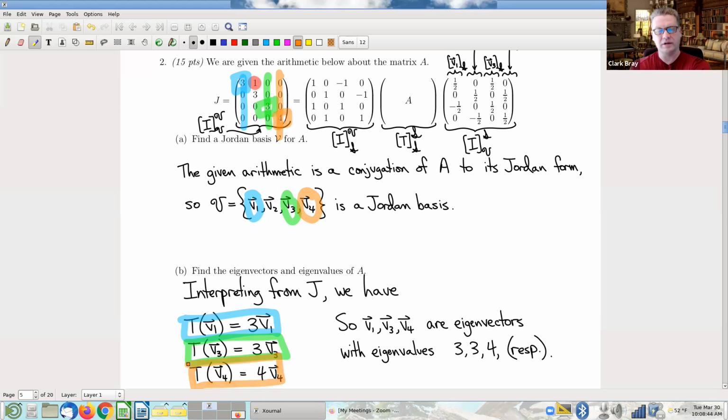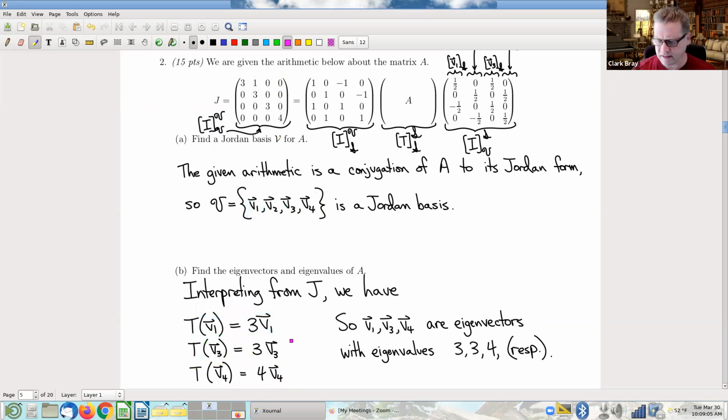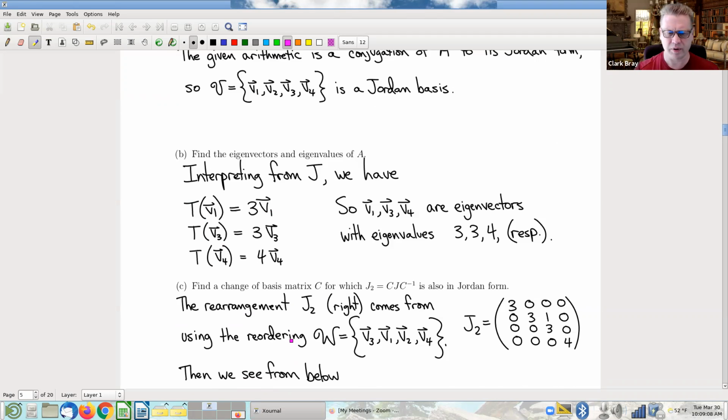So those columns, interpreted with respect to this new script V basis that we just made, interpreted just directly as equations, are these 3 equations, thus giving us these eigenvectors. Okay. All right.